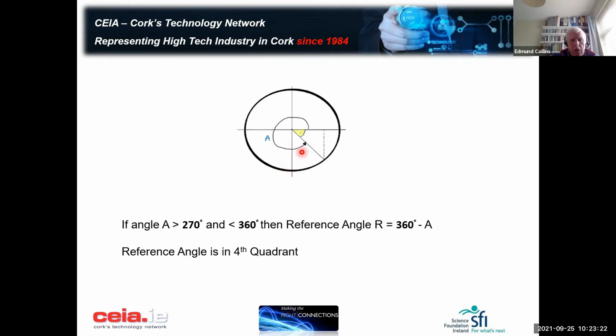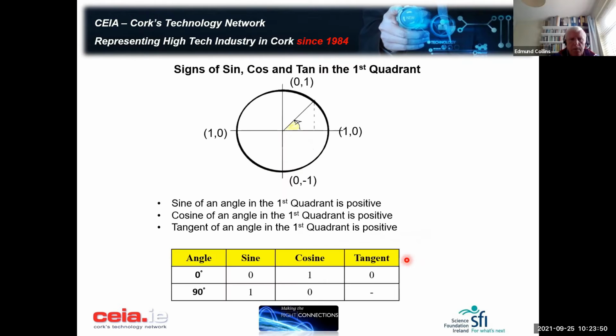Now we've moved into the fourth quadrant. Quite a big angle here, less than 360, but greater than 270. Again, bringing this line up to the x-axis, trapping the angle, this is our reference angle. In this case, the reference angle is 360 degrees minus A in the fourth quadrant.